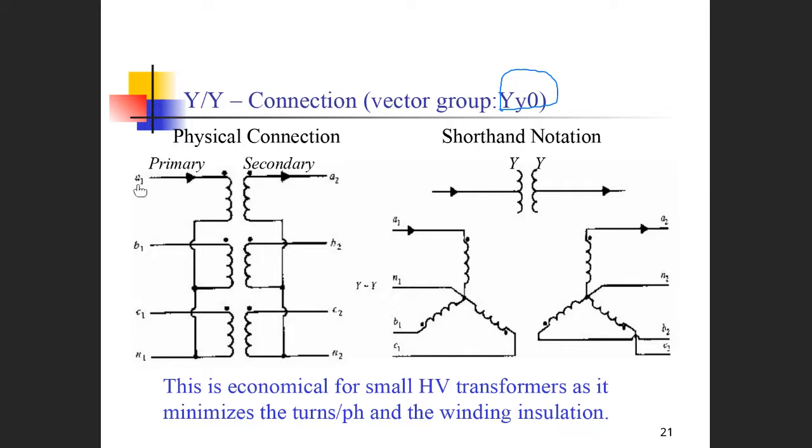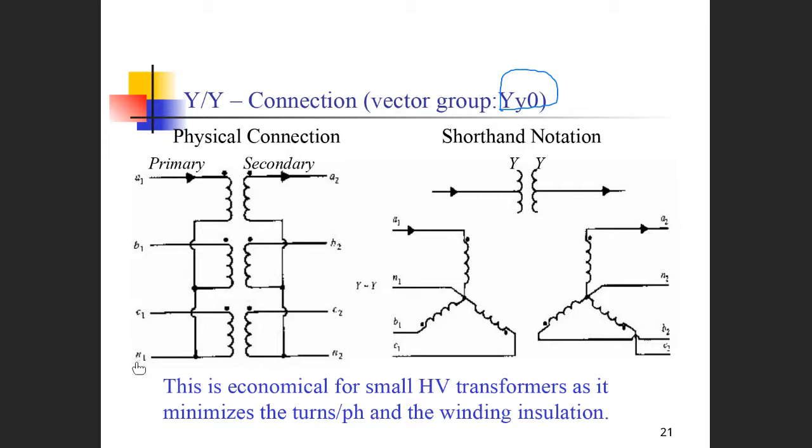Primary A1 dot and secondary A2 dot are in phase. So in a practical transformer, A1 and A2 connectors are in phase, B1 and B2 in phase, and C1 and C2 in phase.